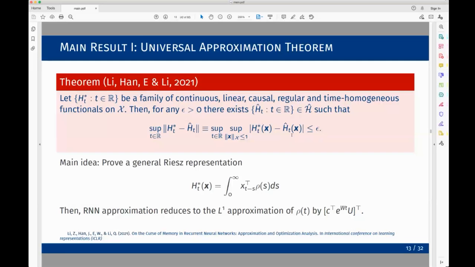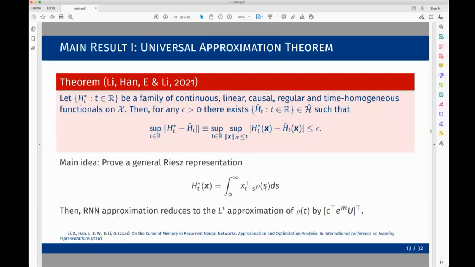Okay, so I will not go through the proof of the theorem, but the main idea is to use the general Riesz representation to express the linear functional H star X by a certain density rho.